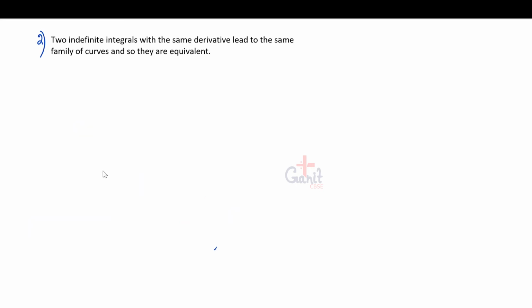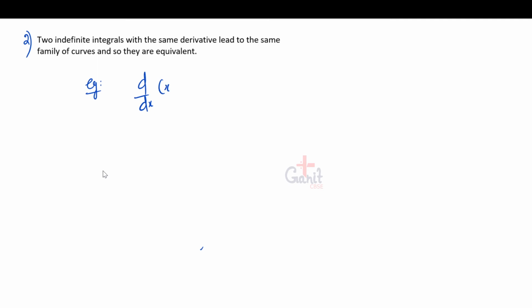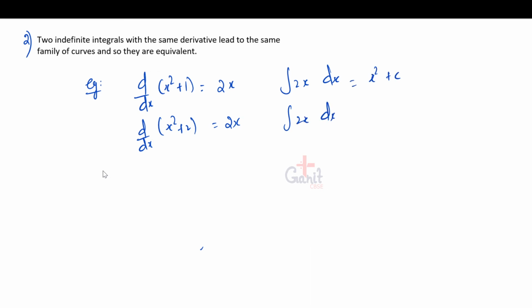Second property: two indefinite integrals with the same derivative lead to the same family of curves, and so they are equivalent. We'll prove this property with an example. dy by dx of x square plus 1 gives 2x, and dy by dx of x square plus 2 is also equal to 2x. If we integrate this 2x, you will get x square plus c, and here also x square plus c.